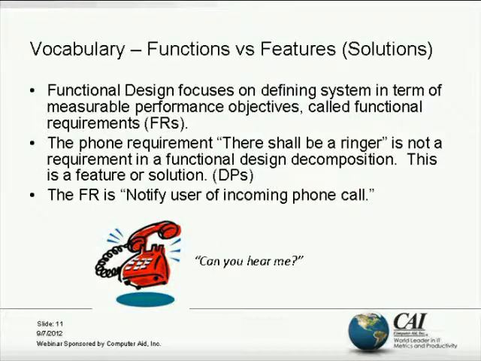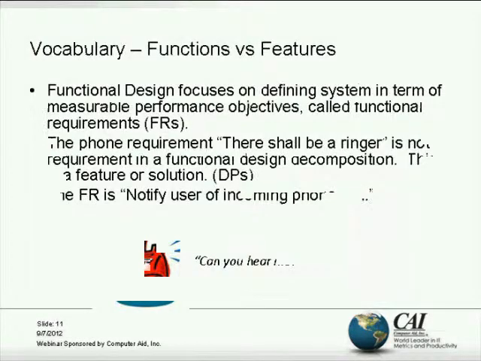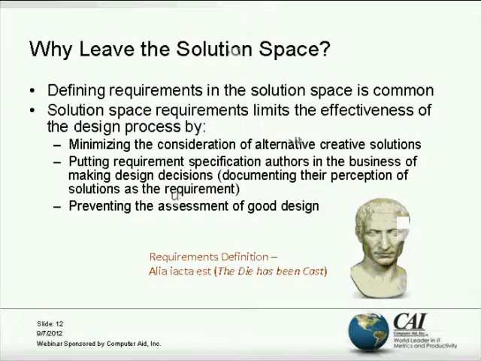Okay, so why do we want to do this? The most compelling reason is that if you define your requirements in the solution space, which is really common, you've lost your vision of the overall problem. You immediately don't look at alternative solutions. Your requirements document puts your requirements authors in the business of making design decisions, which is intrinsically wrong.